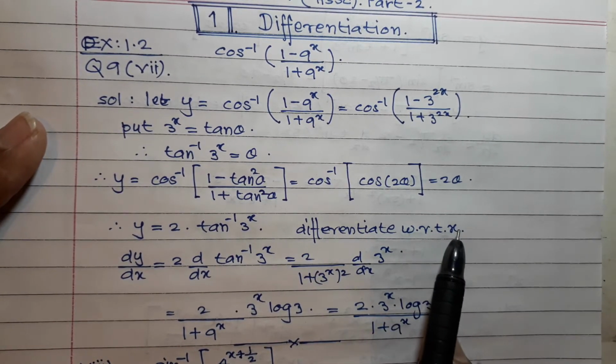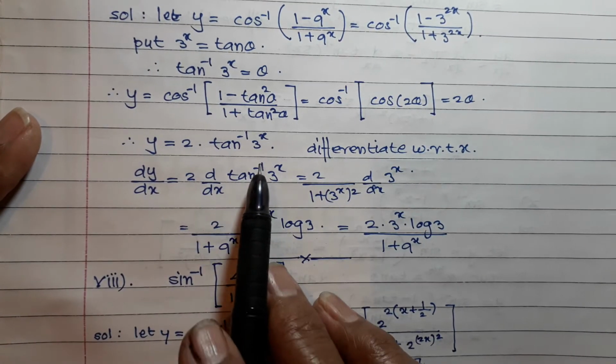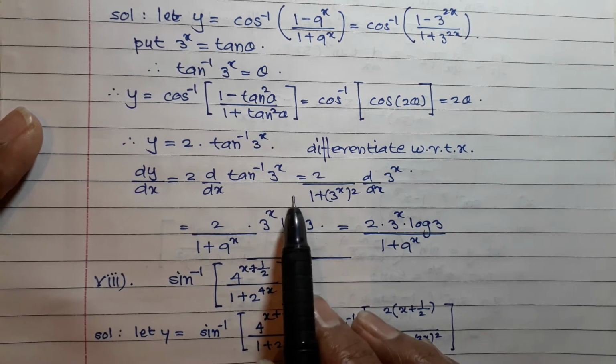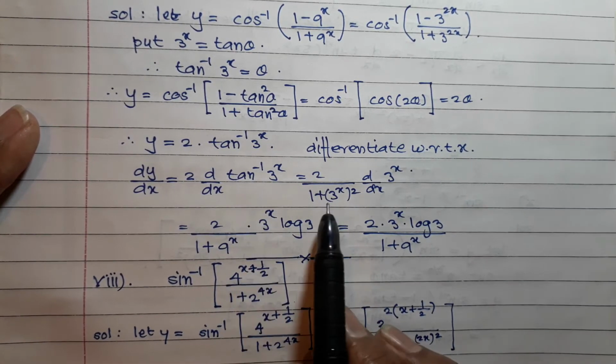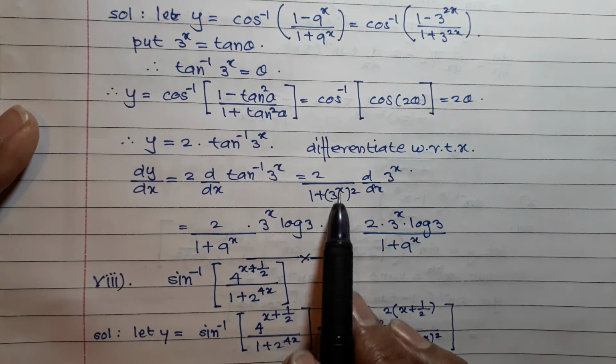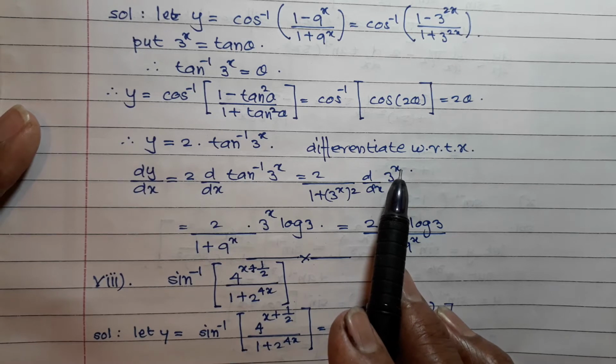Differentiate with respect to x. dy/dx is equal to 2 d/dx tan inverse 3 raised to x, which is equal to 2 times the derivative of tan inverse, 1 upon 1 plus (3 raised to x) square, and the derivative of 3 raised to x.